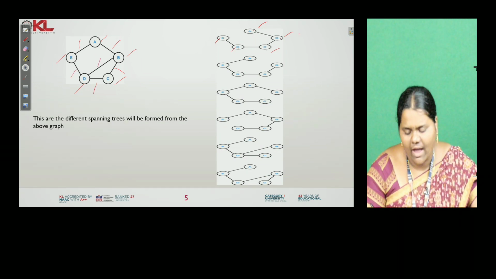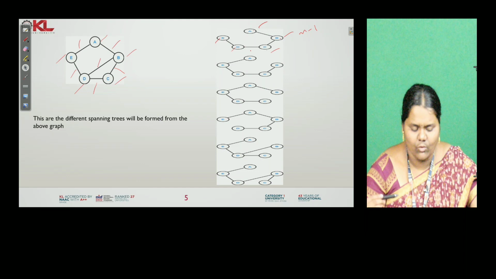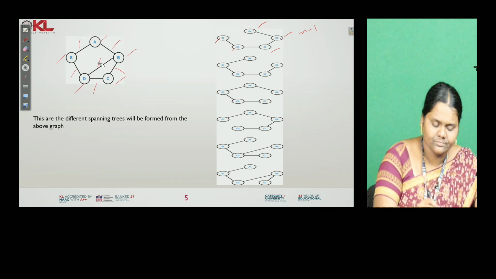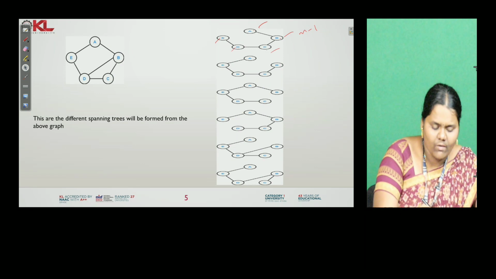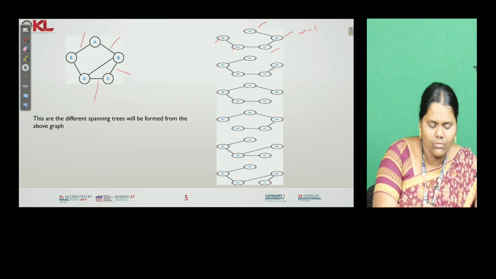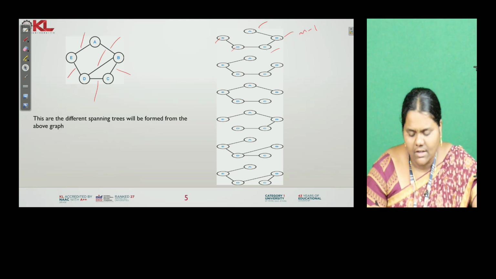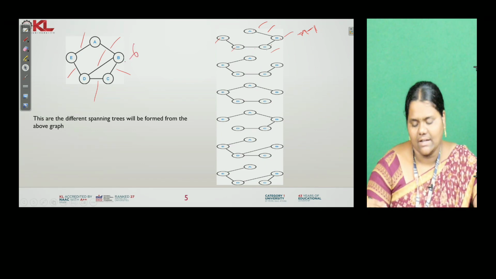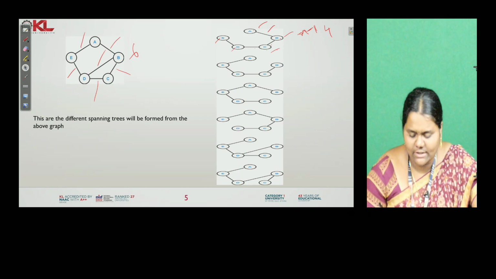Here we should have n minus 1 edges, that is 1, 2, 3, 4. But here we have 6 edges, and we need only 4 edges. So this is not a spanning tree.